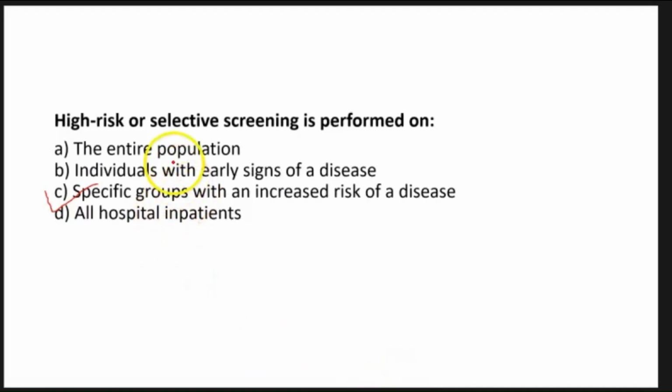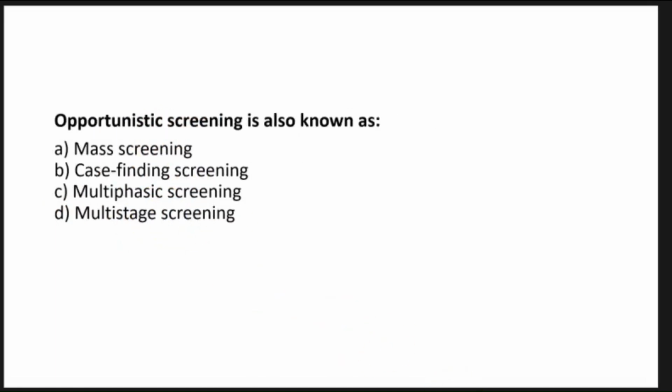The rest of the three constitute examples of mass screening. Next, another name for opportunistic screening: is it mass screening, case finding, or multiphasic screening? The answer is case finding.